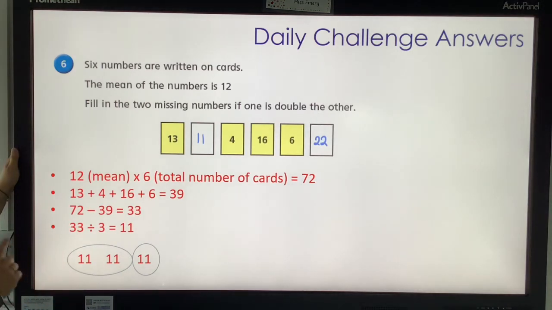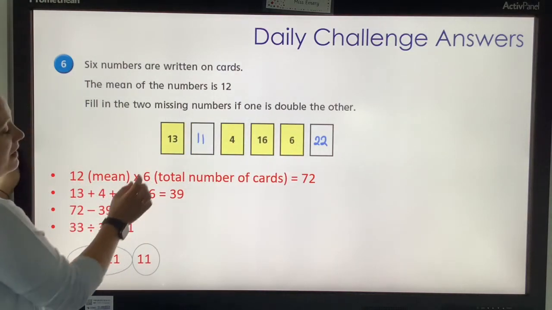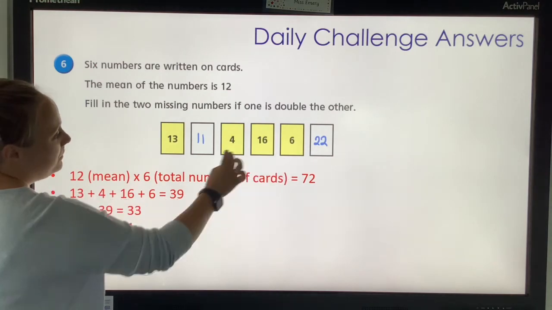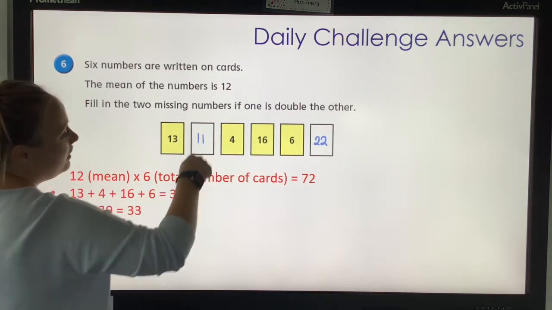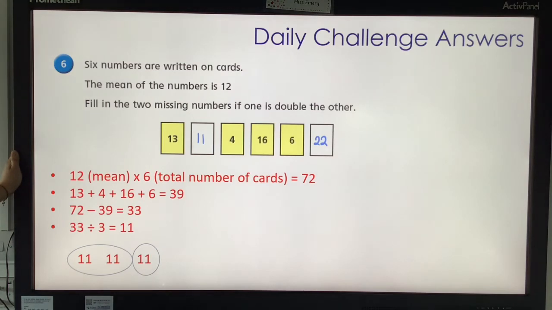The next thing to do is add together the ones we know. If we add those, we get 39. Now we need to find the difference between 72, the total of all of them, and 39, the total of the ones we know, to work out what those two together would be. So 72 take away 39 is 33. Now, it says that of the 2 missing numbers, one is double the other. And the easiest way to work this out, if you're looking for 2 numbers and one is double the other, is think of it as 3 parts.